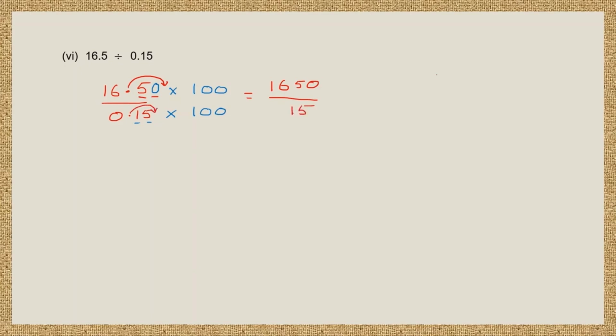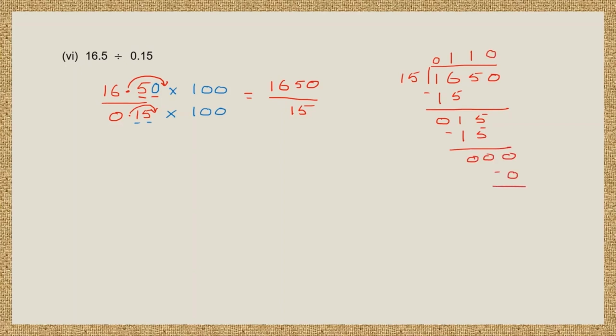So let's do that division. 1650 divided by 15. 0, 15 ones are 15, minus, 6 minus 5 is 1, 0, I bring down 5, it's 15. 15 ones are 15, minus, 0, 15 zeros are 0. So what is my answer? My answer to this question is 110.